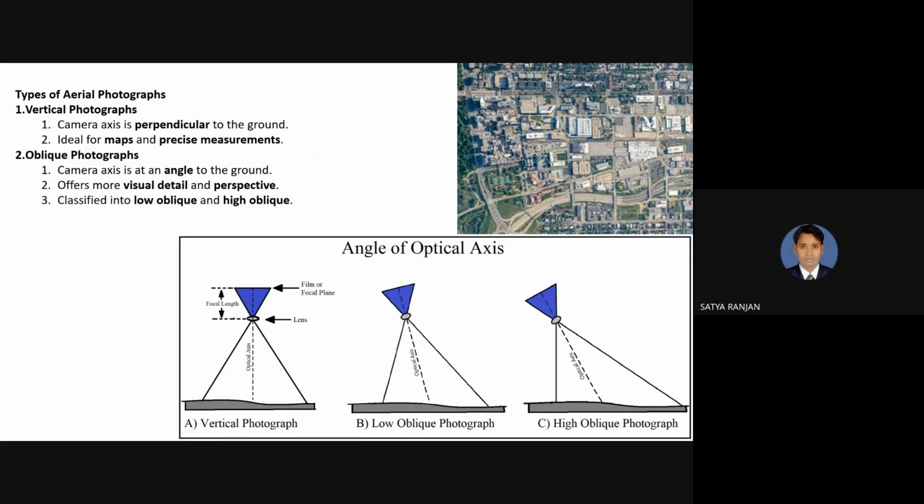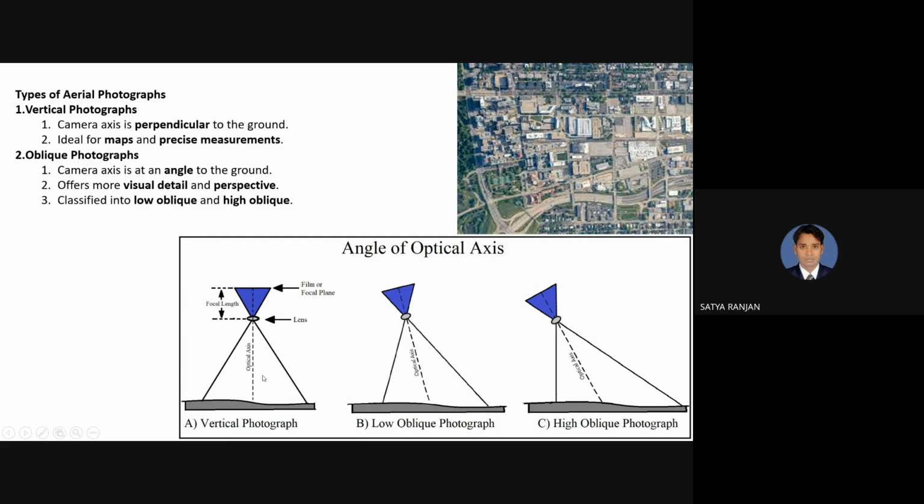Low oblique photograph, then high oblique photograph, mid oblique. So based on the objective, the angle is from low to high for different aerial photographs. So basically, vertical photograph is perpendicular to the ground, and oblique photograph is at some angle to the ground. So these are the differences in the vertical and oblique photograph.